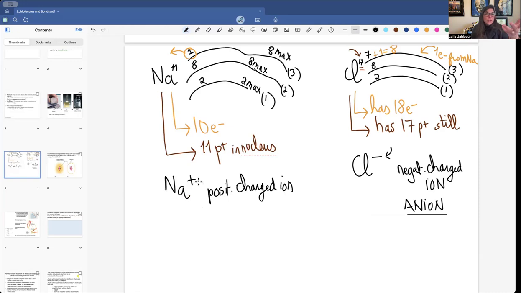This plus sign just tells us that this sodium lost an electron and ends up with slightly more protons than electrons. So this is called a cation.